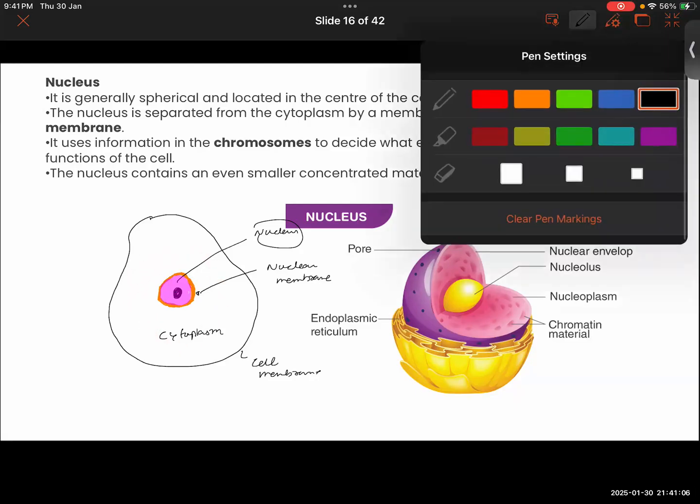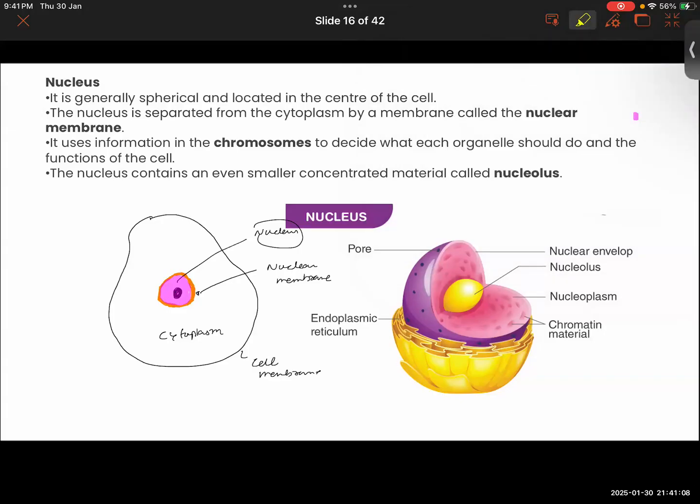So it is separated from that jelly-like fluid with the help of this nuclear membrane around it. Getting it, everyone? Is this point clear? That nucleus is separated from the cytoplasm by a membrane around it called as nuclear membrane.